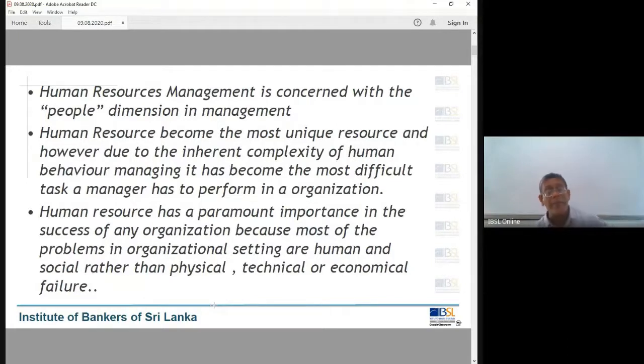And also remember, in an organization we have enough resources. We call them physical resources, monetary resources, whatever you can handle. But organizational success depends purely on human resources.